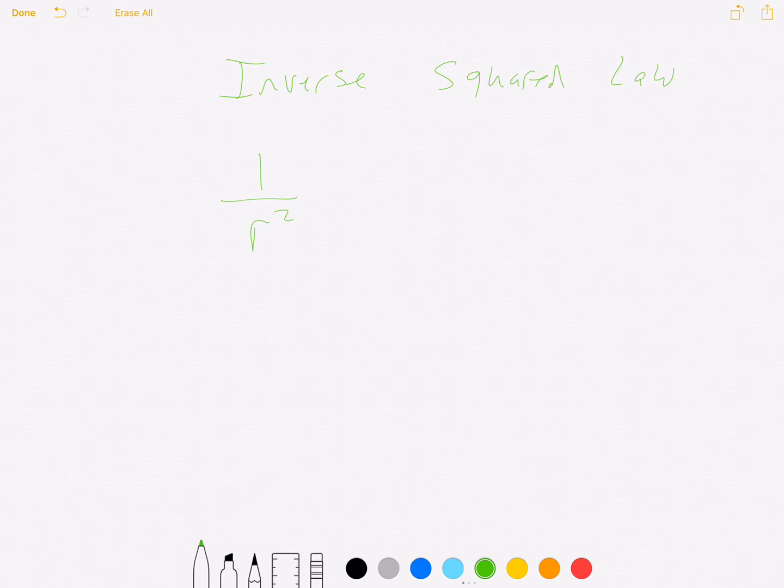And let's look at what happens as you get further and further out. If you get 2 times farther from a source, we get 1 over 2 squared, which is 1/4 the sound intensity. So the sound intensity would actually be just a quarter of what it was if you were standing half as close. If you move 3 times further away, you get 1 over 3 squared, which is 1/9.